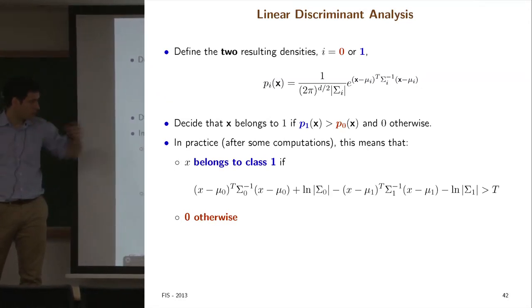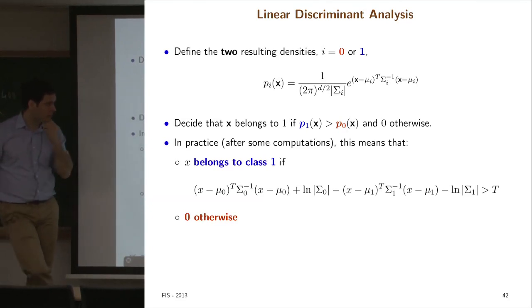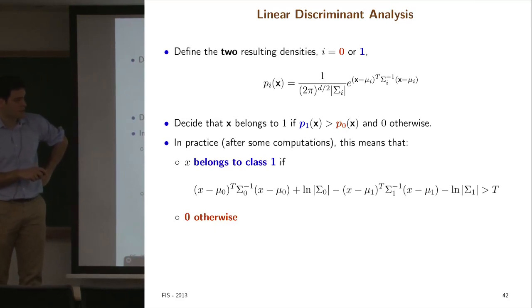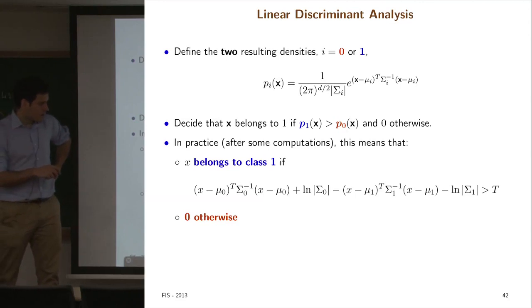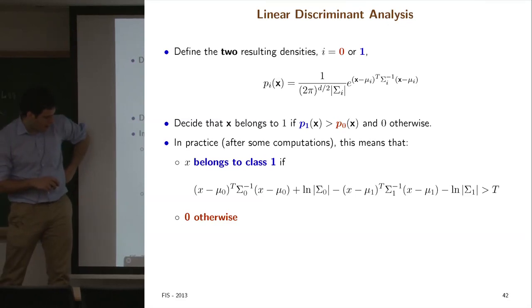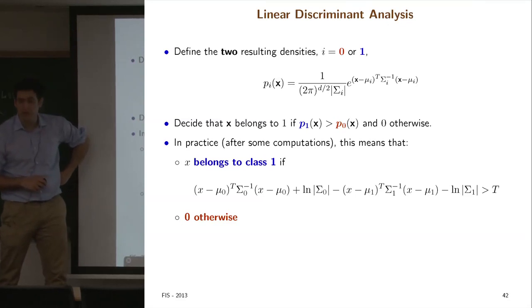So if you just go through some computations, for instance, you might take the logarithm. This is equivalent to saying that the logarithm of P1 is bigger than the logarithm of P0, etc. Then this is actually the formula that you get. You will say that x belongs to class 1 if you have this quantity here bigger than T. Again, those bars here stand for the determinant of the covariance matrix.